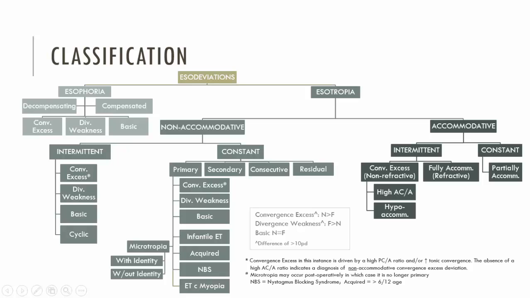Let's start off with the first subclassification of an esodeviation. A patient with an esodeviation will either have an esophoria or they'll have an esotropia, so a manifest deviation or a latent deviation.